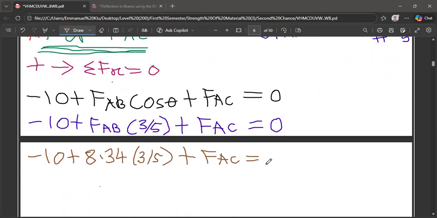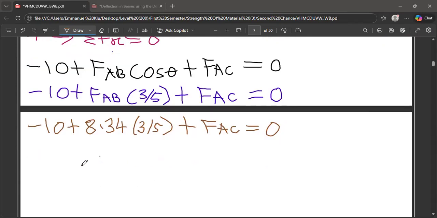Finally, what are we going to get? Let's equate this to 0. This is a matter of simplifying. Let's quickly simplify before we even group like terms. Negative 10 plus 8.34 multiplied by 3 over 5 gives us negative 4.996.